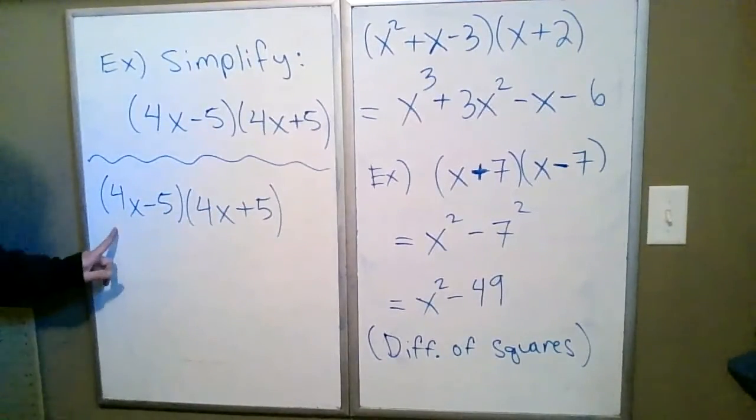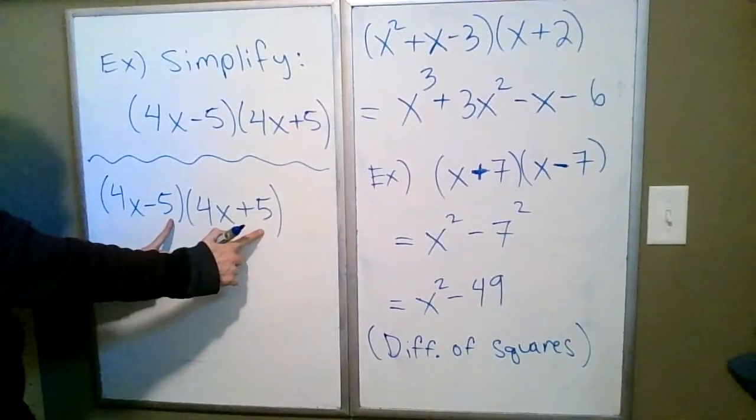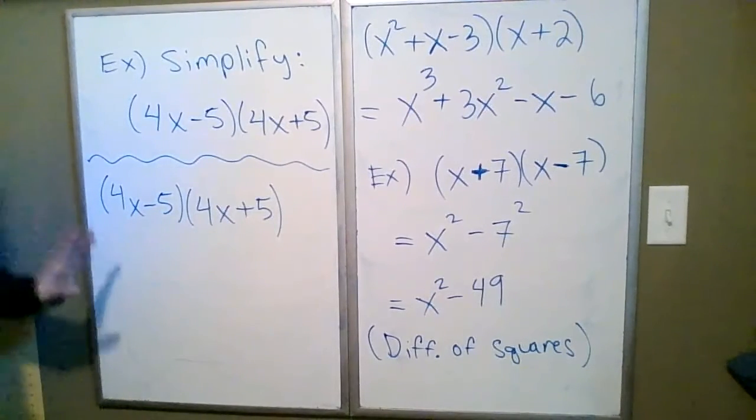And noticing that it's a difference of squares. So when you can spot a difference of squares with the first term 4x and each second term is 5, and you've got a minus sign and a plus sign, you can jump to the formula.